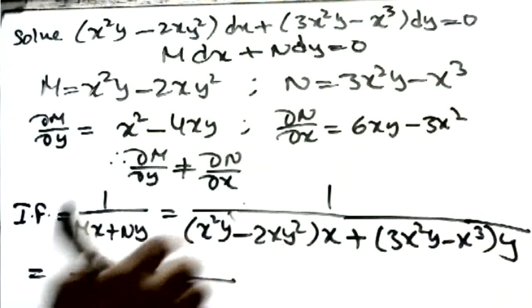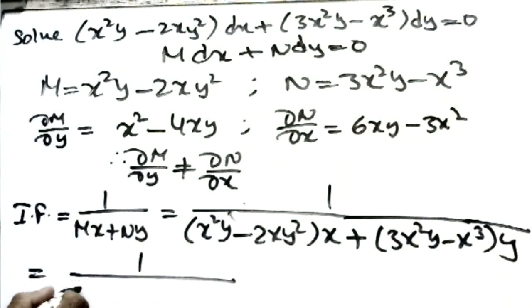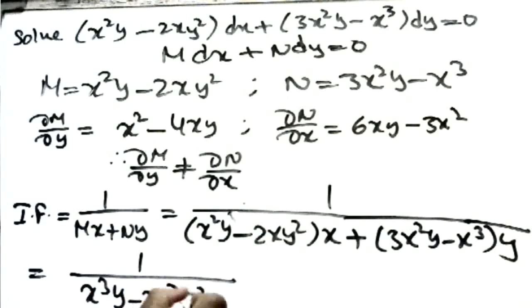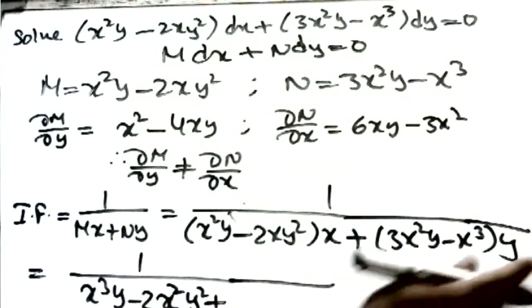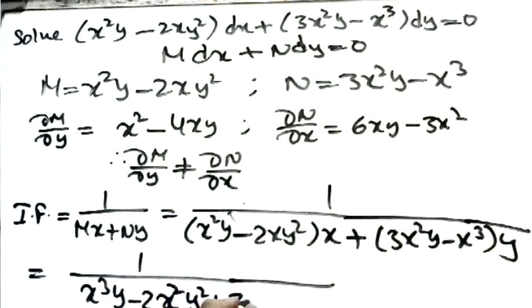Multiplying this out, it will become 1 divided by x into x square, which is x cube y, minus 2x into x square y square, plus y into y, which is y square, 3x square y square minus x cube into y.